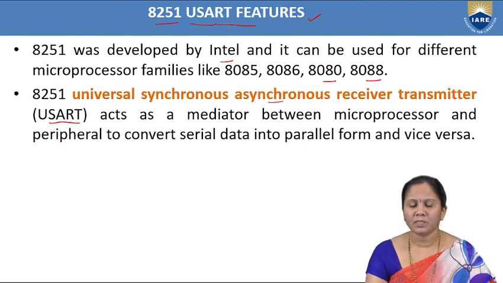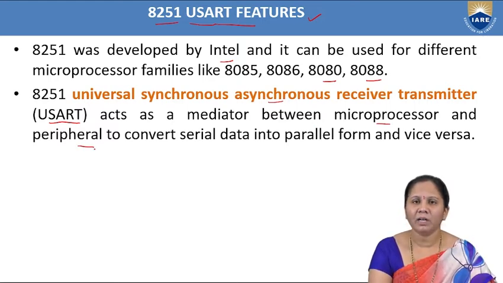Generally this USART will be placed as a mediator, in the middle of the microprocessor and peripheral devices. What is the purpose? This USART IC is going to convert serial data into parallel data and parallel data to serial data.